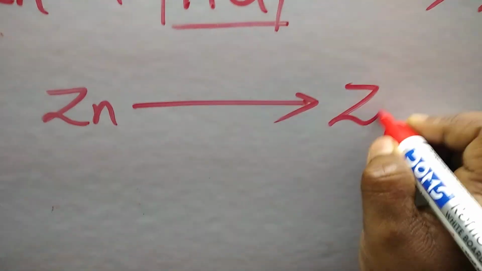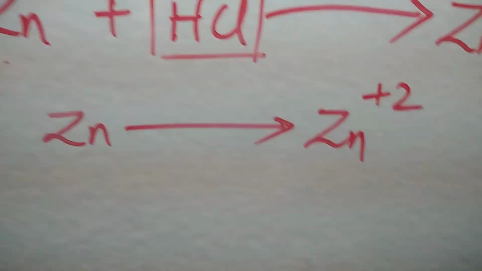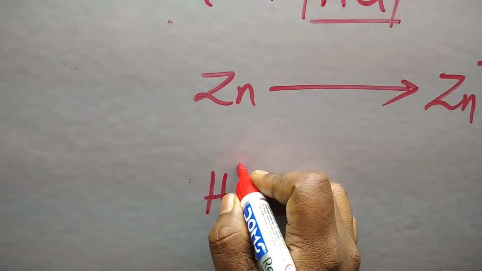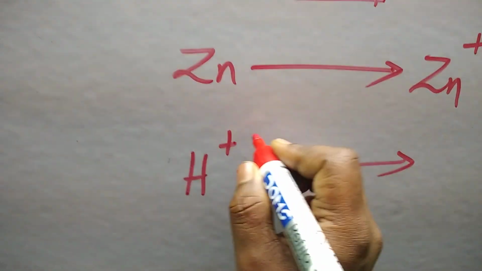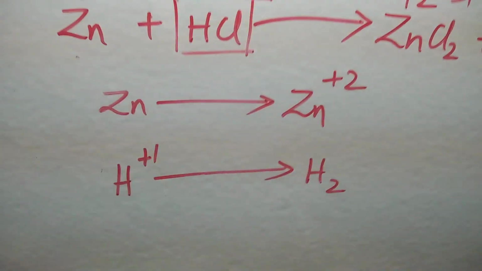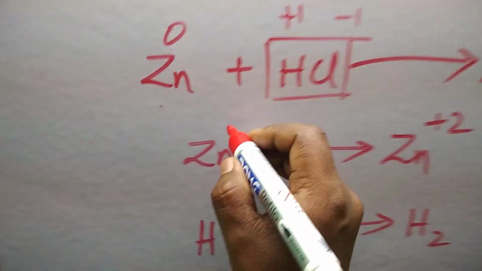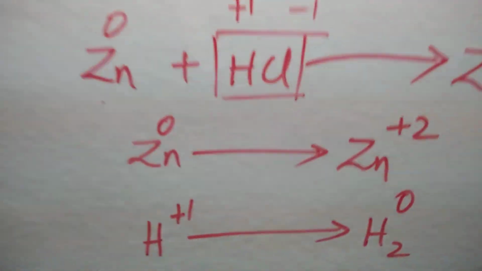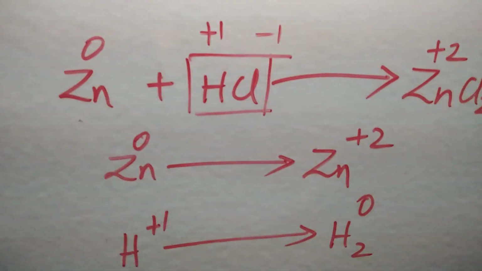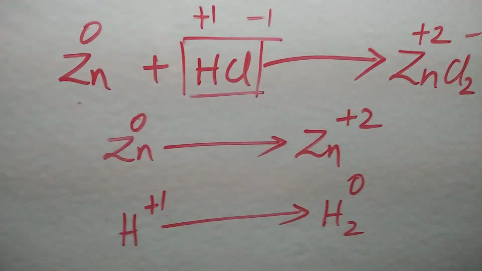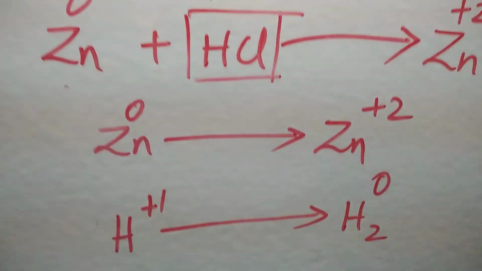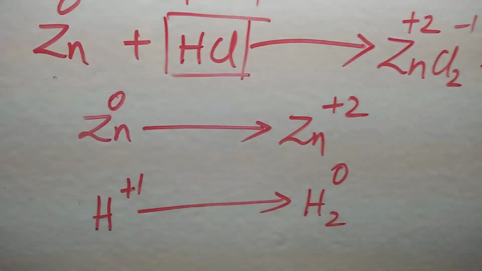Zn becomes Zn2+. Yes, and H+1 becomes H2. Yes. So here zinc is 0, here H2 is 0. See, now we learned that if any charge or oxidation number increases, that means from minus to plus or 0 to plus, it will be oxidation.